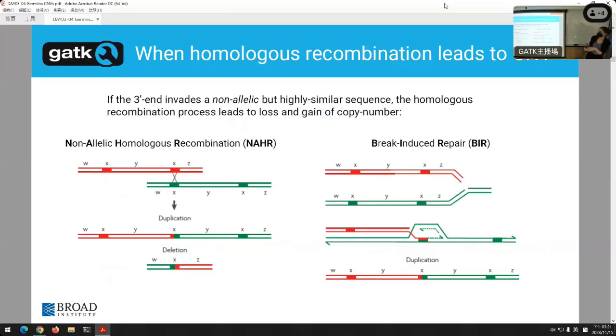So the output is you duplicated that X and Y on one copy, and you actually deleted an X and a Y on the other copy. So this is all to show you how these repetitive regions of DNA can give rise to recurrent CNVs. This is a process by which CNVs can occur.